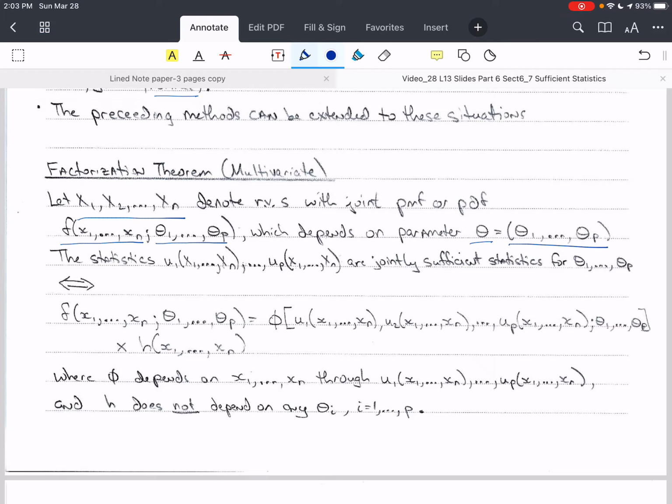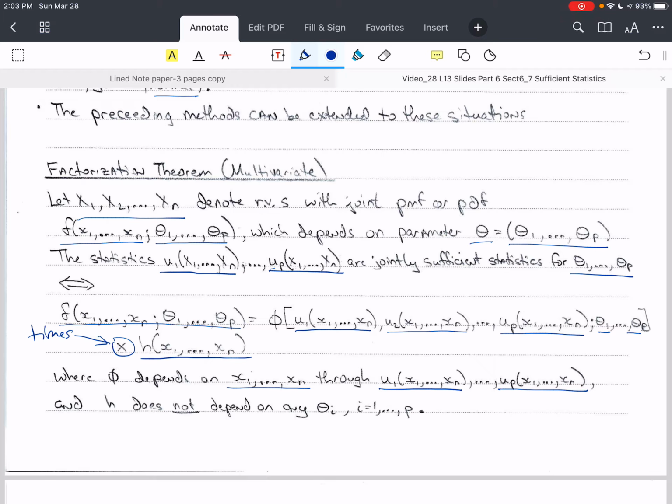The statistics U1 of X1 to Xn, U2 of X1 to Xn, up to Up of X1 to Xn are jointly sufficient for theta 1 up to theta p if and only if the joint PDF or PMF of x and theta is equal to phi of u1, u2 up to up, and theta 1 up to theta p, times h of only x1 up to xn, where phi depends on x1 up to xn only through these sufficient statistics, and h does not depend on any theta sub i for i equals 1 to p.